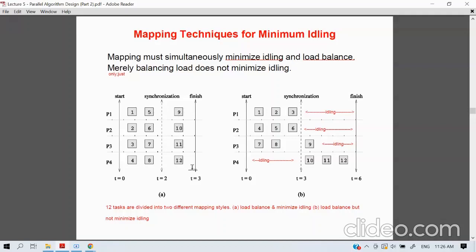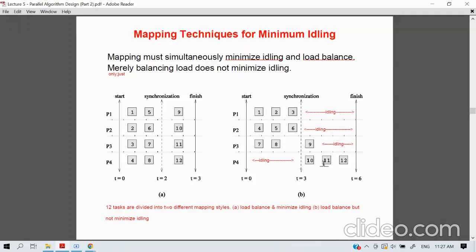However, in B, it is load balanced because some of the tasks have the same data size, but it has idling. It cannot minimize the idling because during T3 until T6, P1 and P2 are idle. The same goes for P3 and P4.